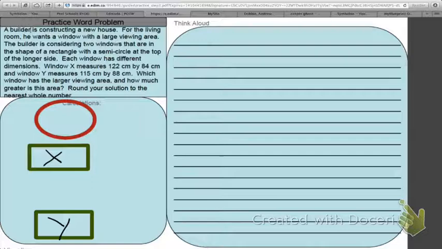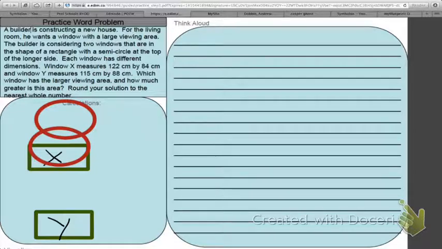I thought it was supposed to be on the width, because the longer side. Okay, now does that kind of work? Is that the longer side? Okay.